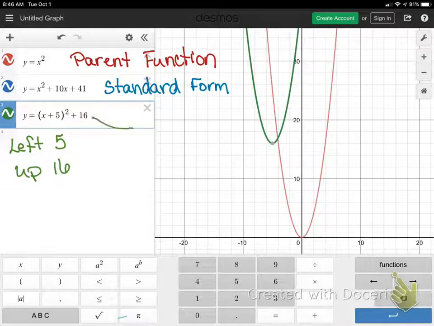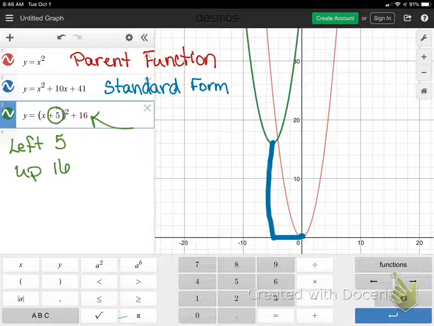Here we have our up and down, and it's true to value. Here we have our left to right, and it's opposite in value. That's a translation. This one moved 5 units to the left, and it moved 16 units up.